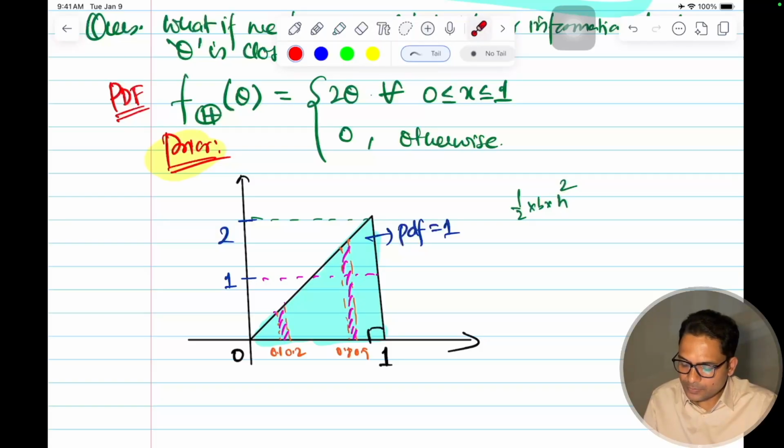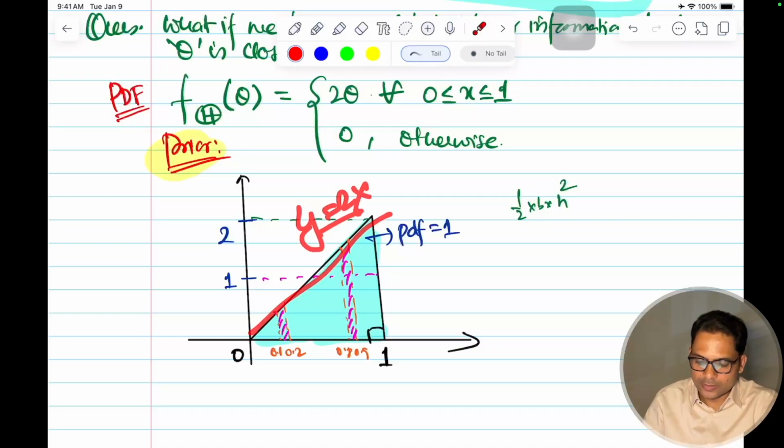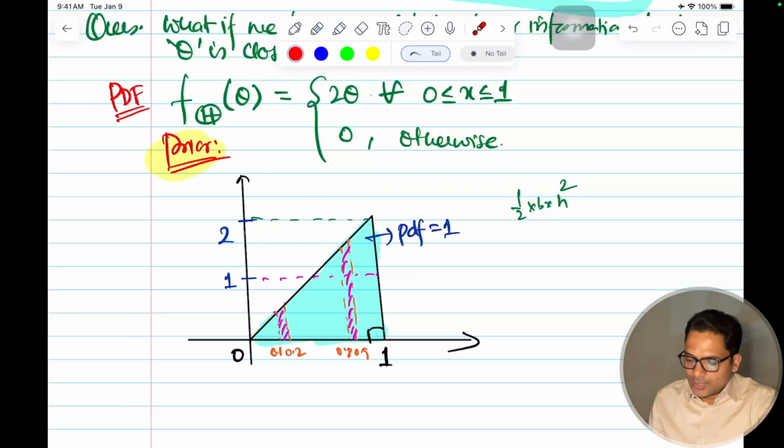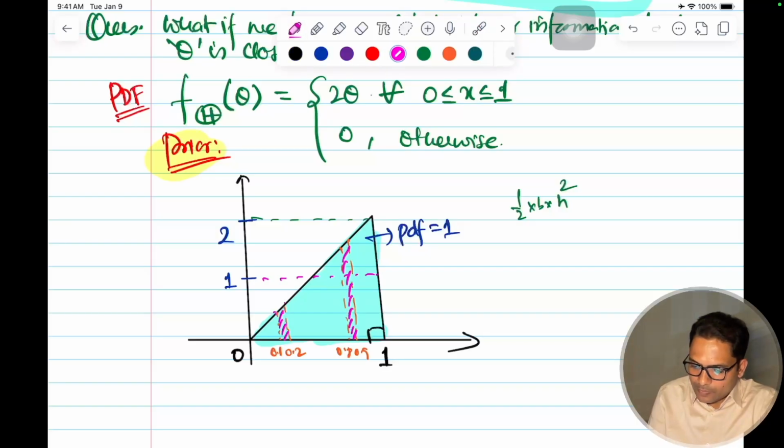Now if you see clearly, the probability of finding something close to 0 is this area, which is definitely smaller than this area. The probability is increasing. This line is y is equal to 2x. So this is f theta of theta, and this is theta.